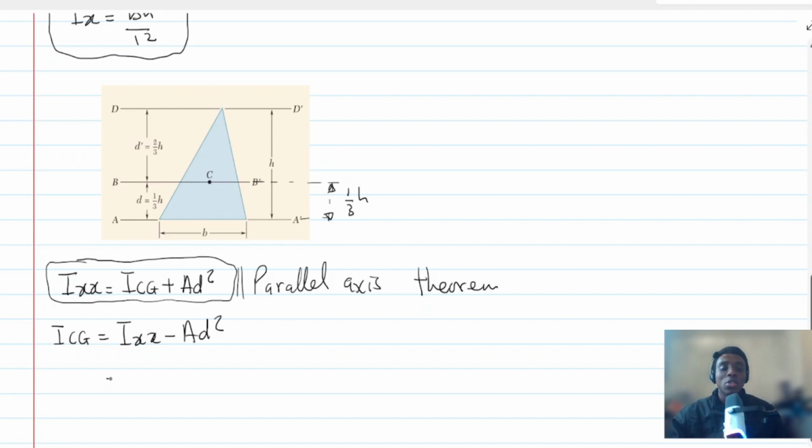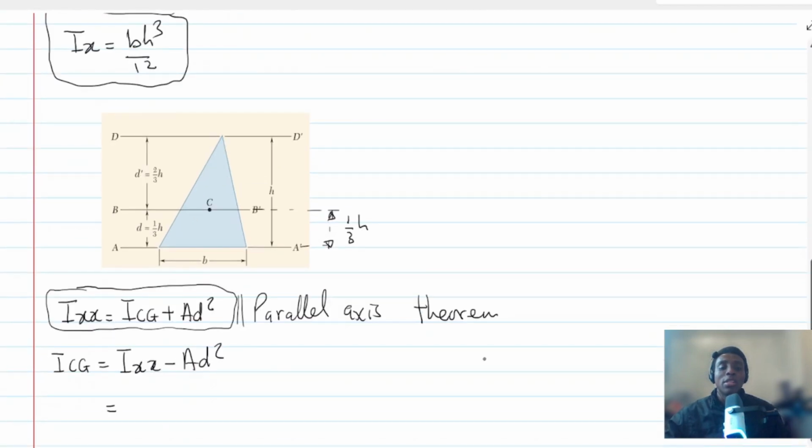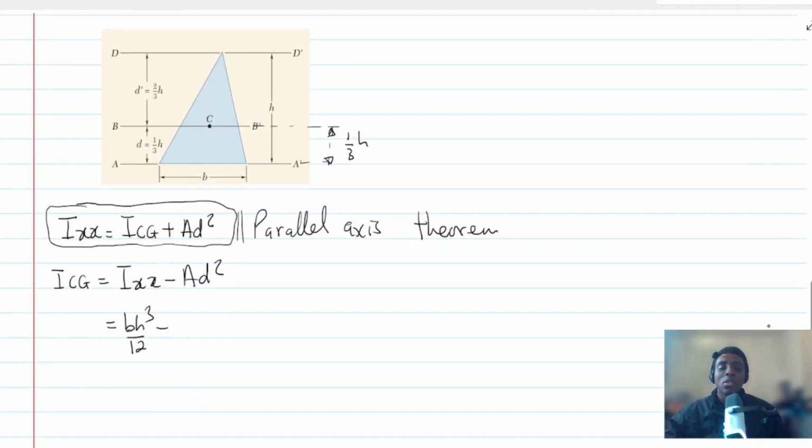We just solved Ixs for a triangle, which we said is bh cubed over 12. So minus the area of a triangle, which is 1/2 base times height, and then D squared is 1/3 of h, which is the distance between the x-axis and the centroidal axis.